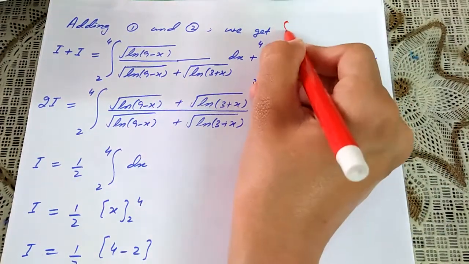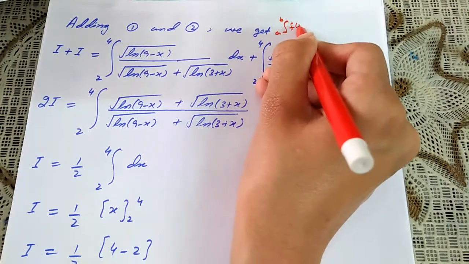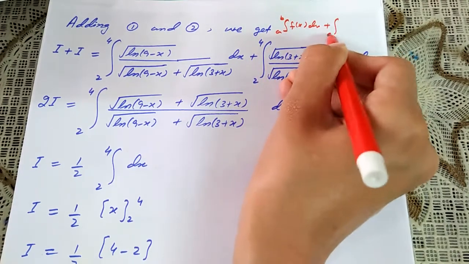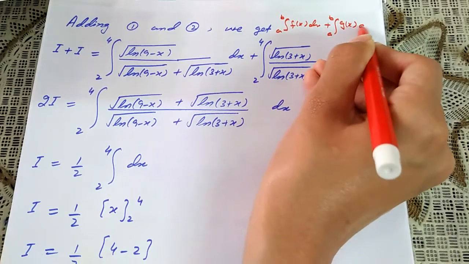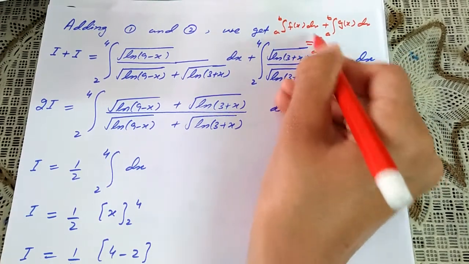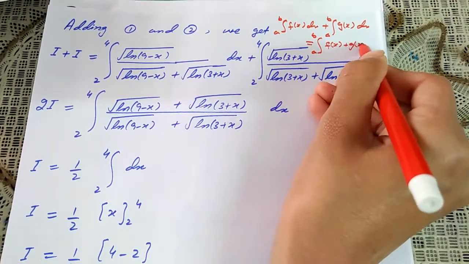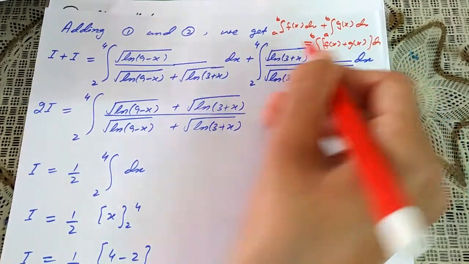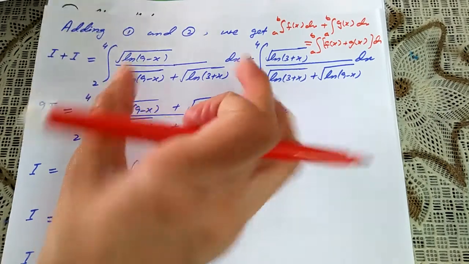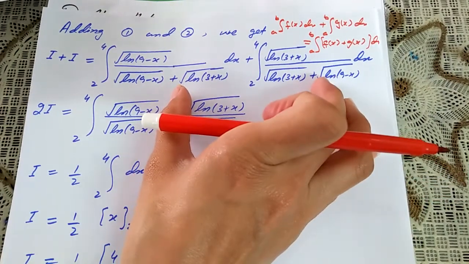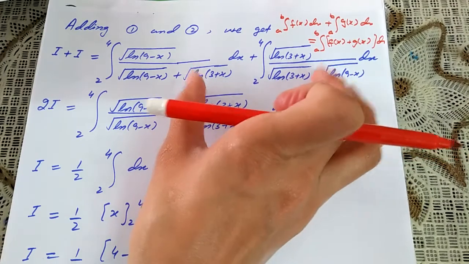If you have the same limit of integration, like the integral from a to b of f of x dx plus the integral from a to b of g of x dx, you can combine the functions in one limit of integration. That will be f of x plus g of x dx, like this. Both of them have the same limit of integration, so I am combining both the functions and adding them.